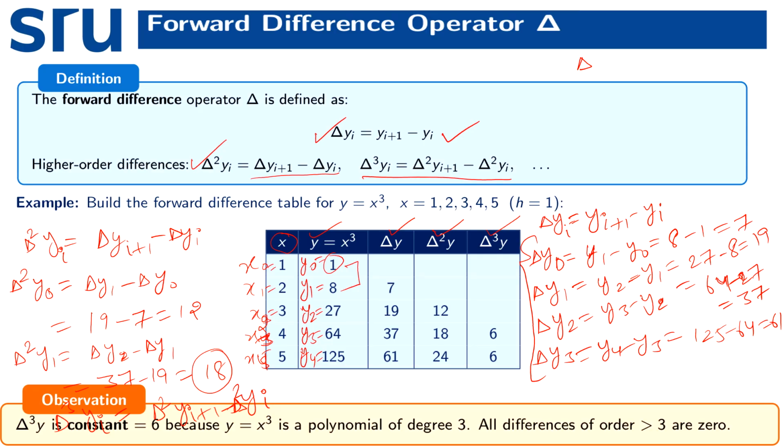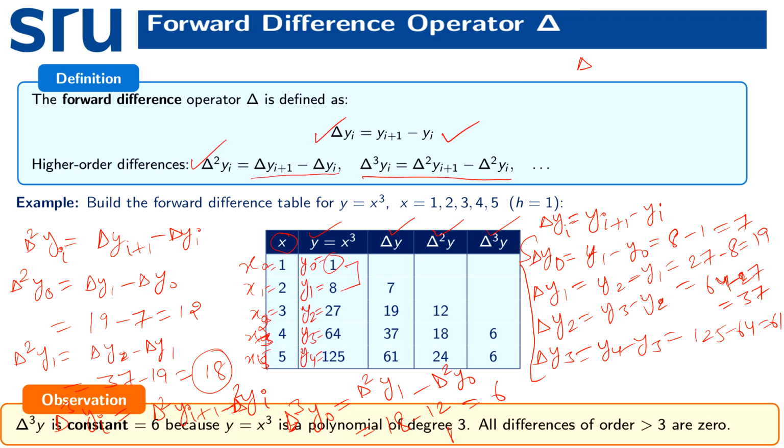So delta cube y0 is delta square y1 minus delta square y0. That gives you 18 minus 12, taking the values from the table, which is equal to 6.